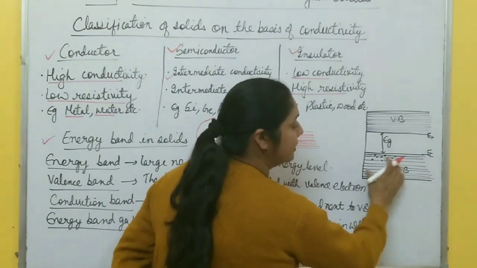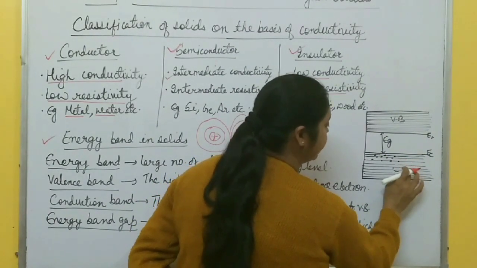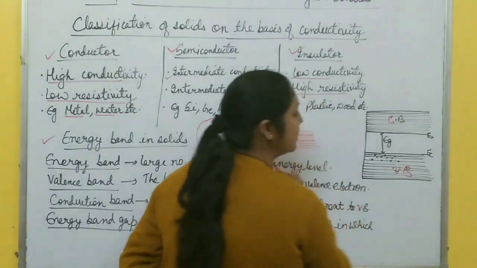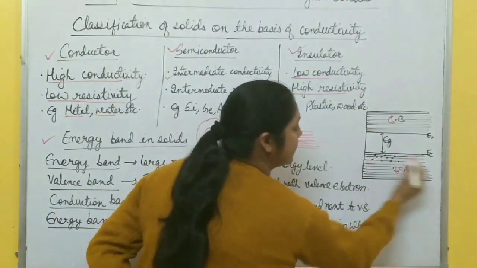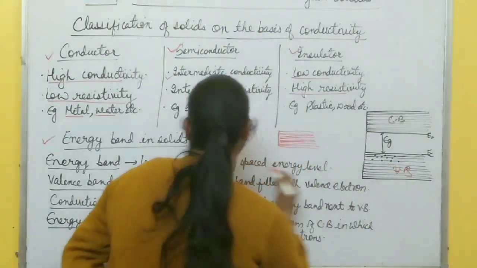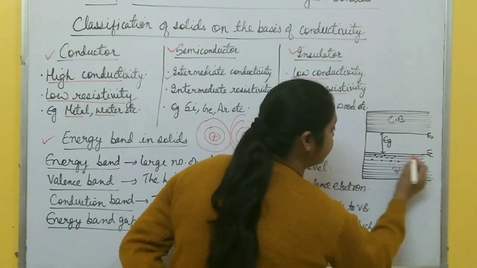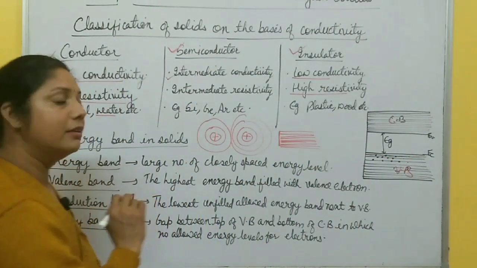This one is valence band, and the upper one is conduction band. These are energy levels in the valence band, the highest energy band filled with valence electrons. This band is called valence band.